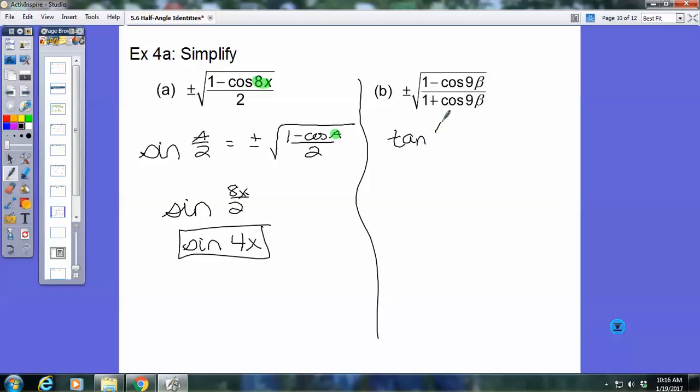Tangent of a over 2 equals plus or minus square root of 1 minus cosine a over 1 plus cosine a. So what is a? 9 beta. So this is tangent 9 beta over 2. Does that reduce at all? You can make it 4.5 beta.